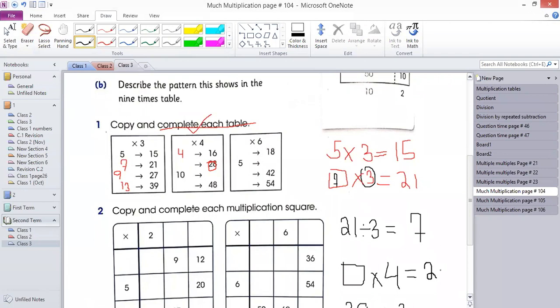What did you say? A number multiplied by 4 is 28. Which number is that? Check the table of 4. Do you know the table of 4? Answer me.